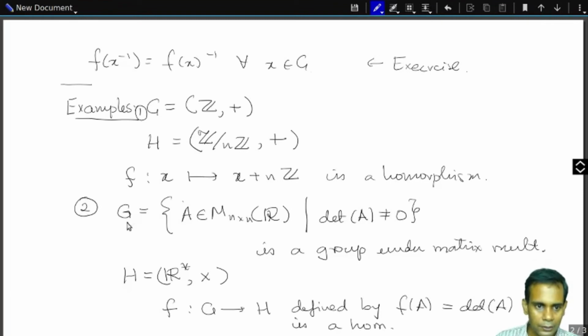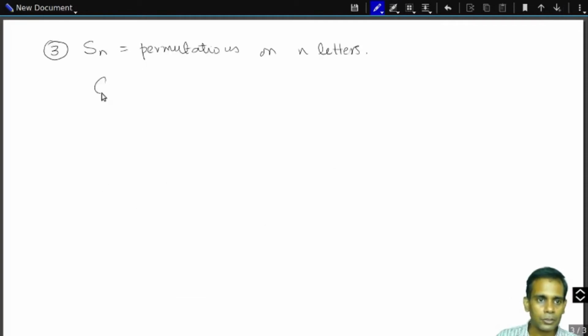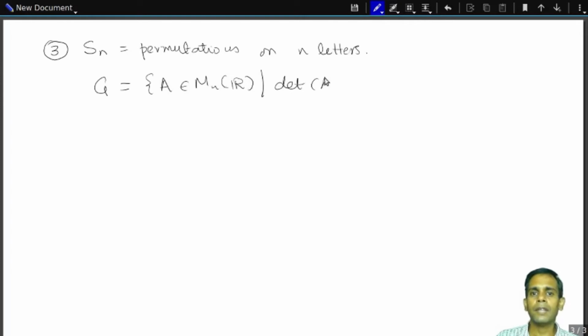So when I say G, I'm going to talk about this group G of invertible n by n matrices with real entries. So G equals A belonging to Mn(R) such that determinant of A is non-zero. So that's a group under multiplication.